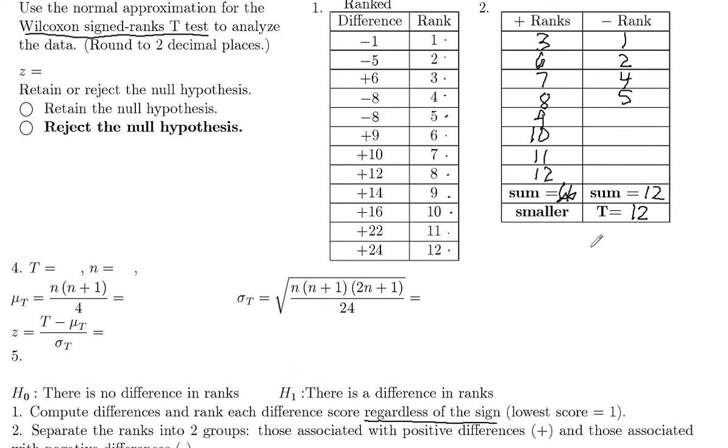Now we can do the normal approximation. Our capital T is 12. N is the total number of samples, which for us was also 12. Then we figure our mean and standard deviation. These are the formulas below. The mean is 12 times 12 plus 1 divided by 4, so 12 times 13 divided by 4, which is 39.